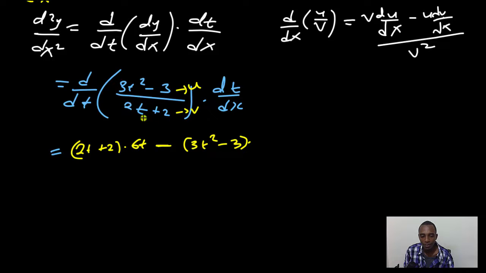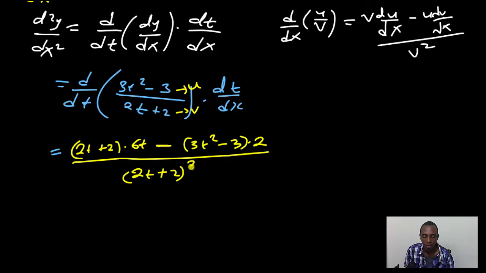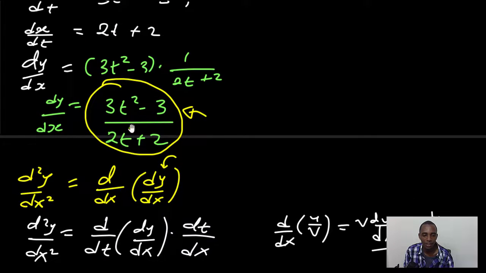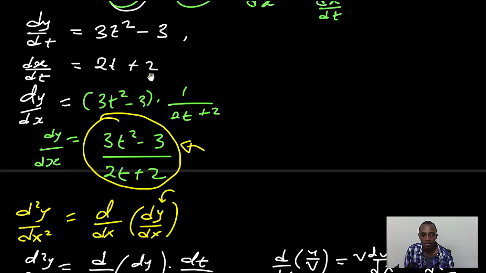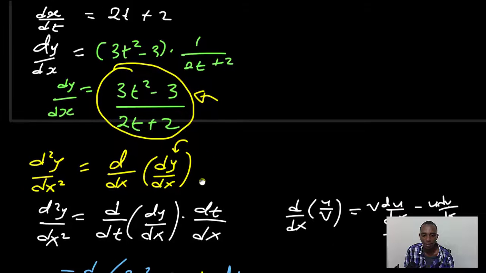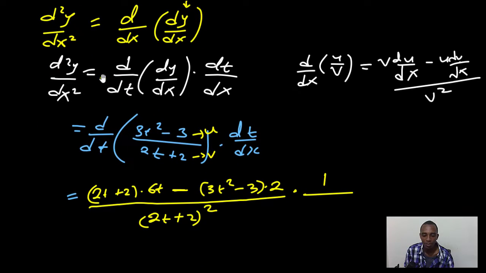The derivative of this denominator is just going to be a 2. Divide all this by v squared, which is (2t plus 2) squared. I'll now multiply this by dt/dx, which is 1 divided by dx/dt, which is 2t plus 2. So this is going to be 1 over 2t plus 2.